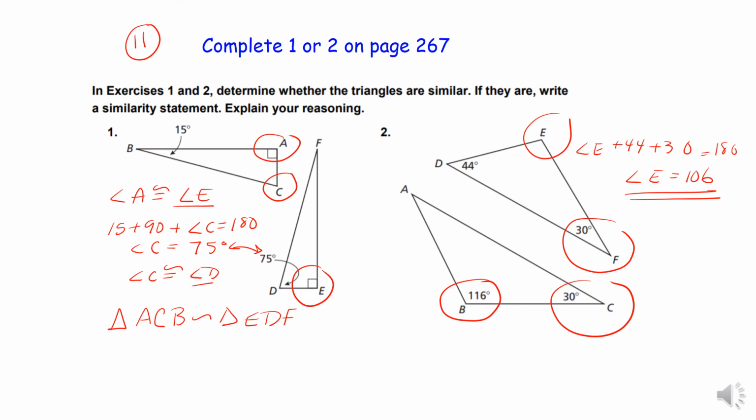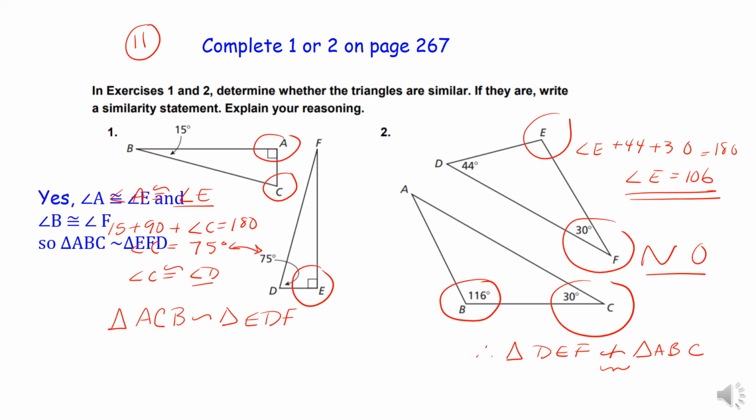So therefore, triangle DEF is not similar to triangle ABC. This is not a real symbol that you would use; I'm just telling you that the answer is no. Okay, so there you go.